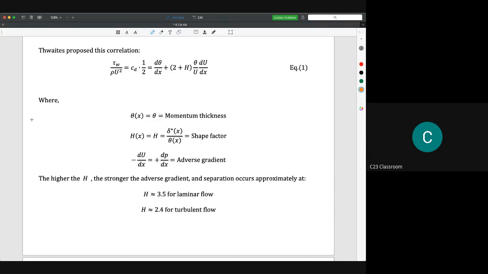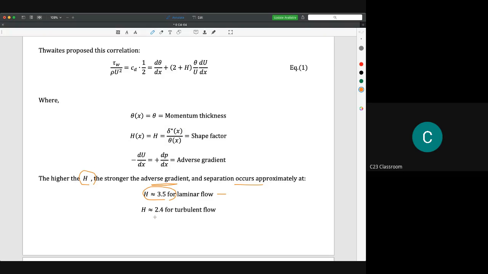Okay. The higher the value of H here, the stronger the adverse gradient. Adverse gradient means the pressure becomes bigger and bigger, and then separation could occur. For laminar flow, if H is almost equal to 3.5, we can say that at that point separation will occur.